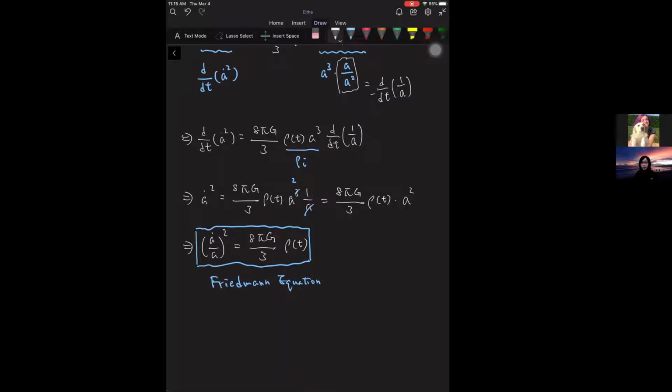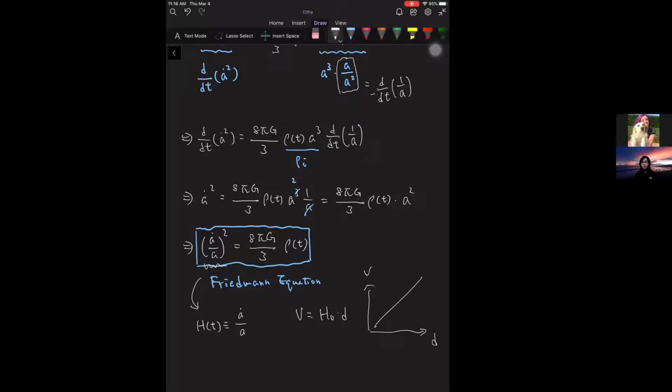So for the Friedmann equation, the first term here, a dot over a, is defined as the Hubble constant, and why is that? Because we know the simple form of Hubble's law is the velocity equals H naught times the distance, right? So there's a linear relation between the receding velocity and the distance.